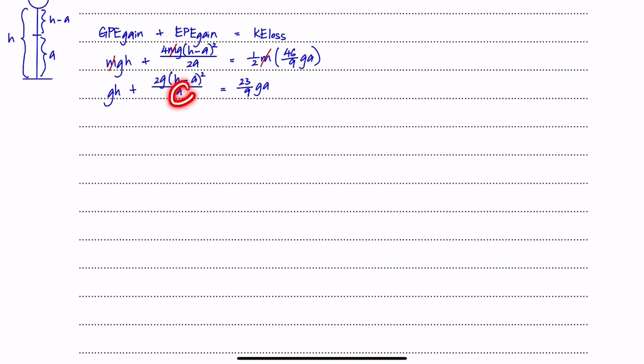And to get rid of this, let's multiply the whole equation by a. So we have gah plus 2g times (h squared minus 2ah plus a squared) equal to 23 over 9 ga squared.